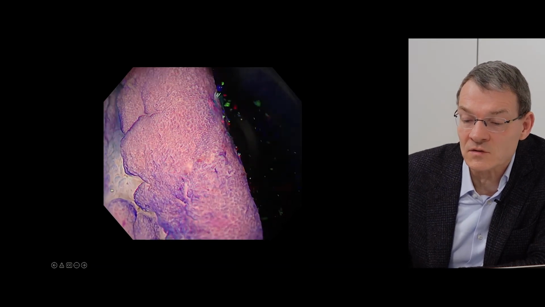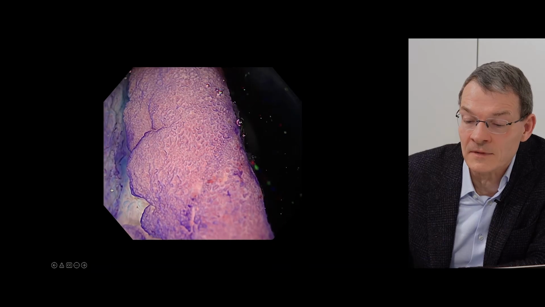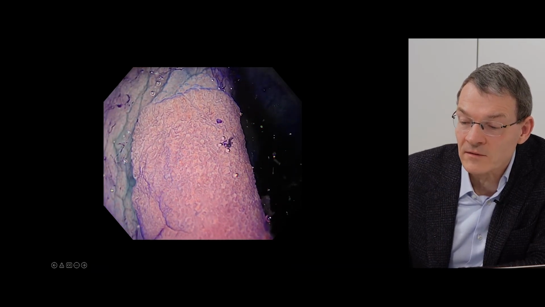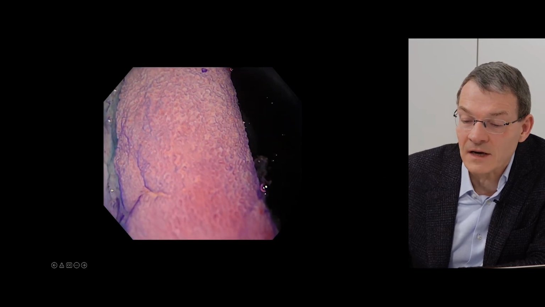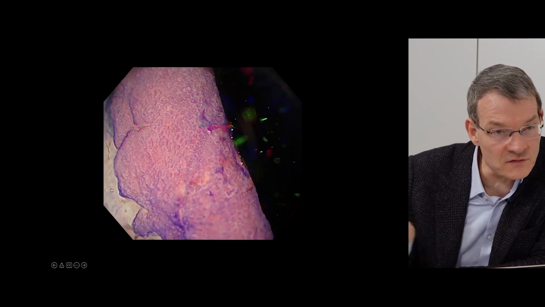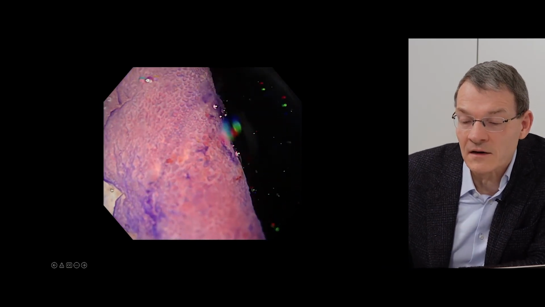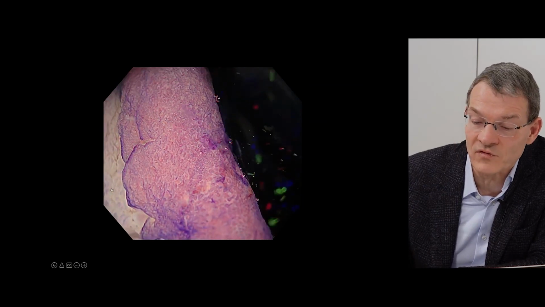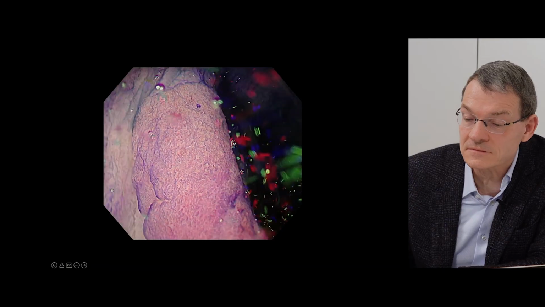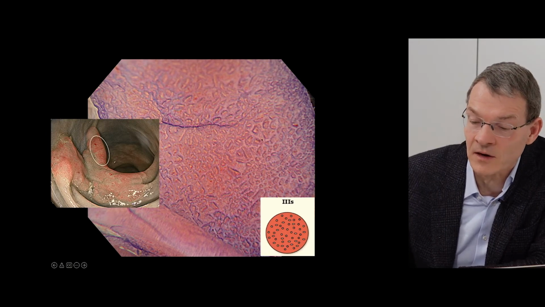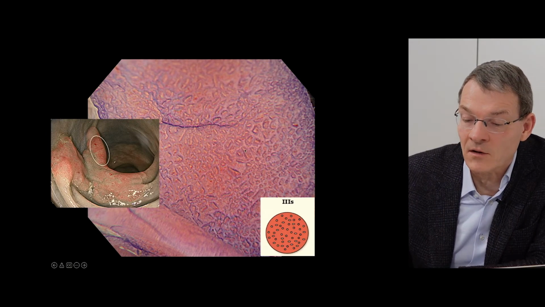And here you nicely appreciate these roundish pits, still regular, but I think you may nicely appreciate there's a difference to the other areas. And here we classified this as Kudo type 3S. So round, maybe also Kudo type 3L. Some are roundish, some are more long.